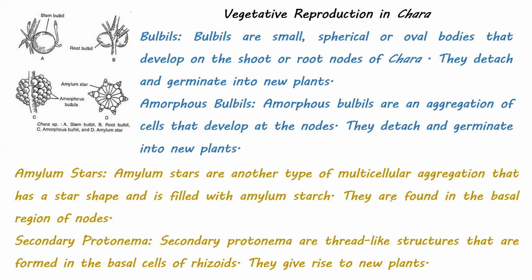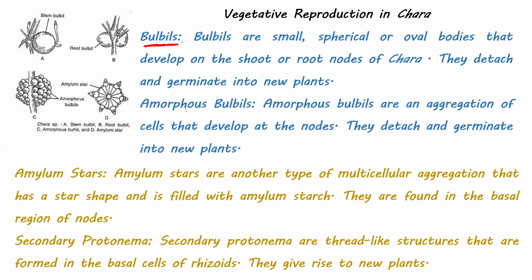Now we will talk about the vegetative reproduction that operates in Chara. Here you will see reproduction is of two types, vegetative reproduction as well as sexual reproduction. Both are quite elaborate, so you'll have to study both in detail and you can expect questions from both parts.